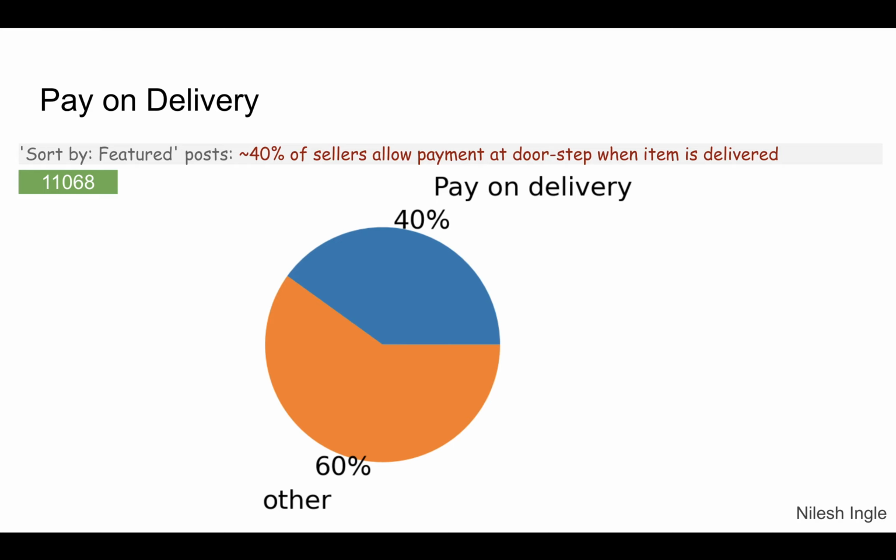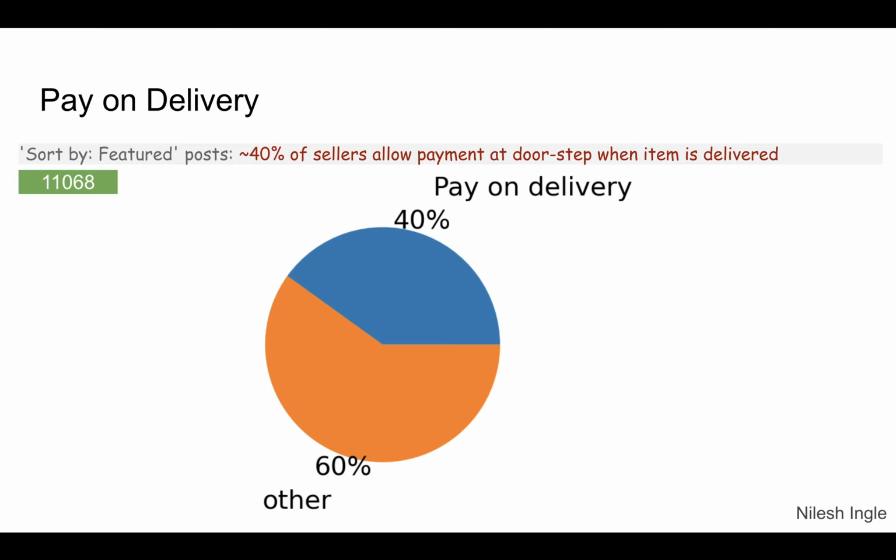Now, another interesting part is the payment method on delivery. When a customer buys a toy on Amazon, pay on delivery. 40% of the sellers do allow the customers to pay when the product reaches their doorstep. So if I buy a toy on Amazon, I don't have to pay online using a credit card or any other method.